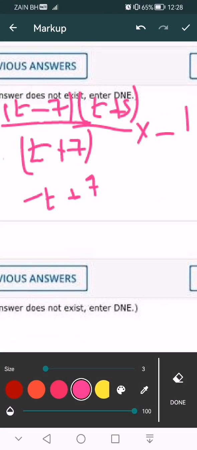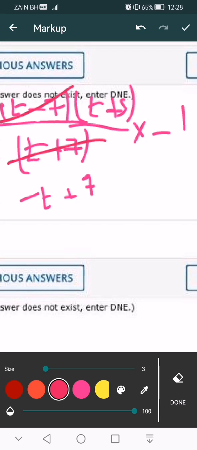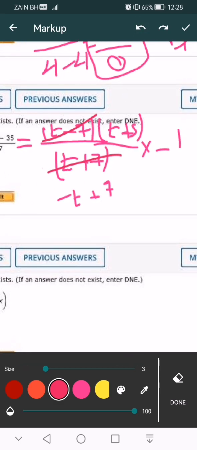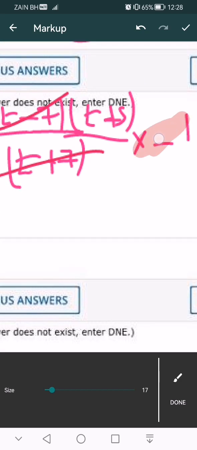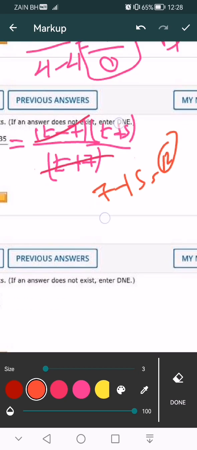Okay, this one with this one cancel, and remaining will be t. T is 7, so I will replace t with my 7, so that will be 7 plus 5 is equal to 12. Easy.